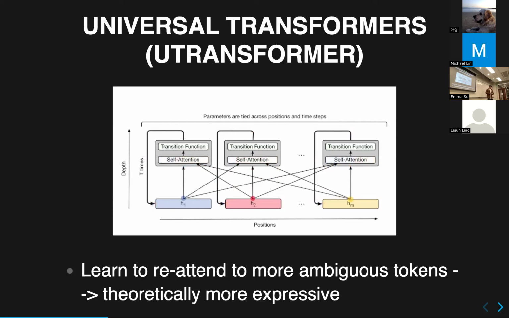It's denoted like H_t or something, and then it'll learn how many times to pass through it to optimize its objective, for the encoder I guess predicting most accurately.